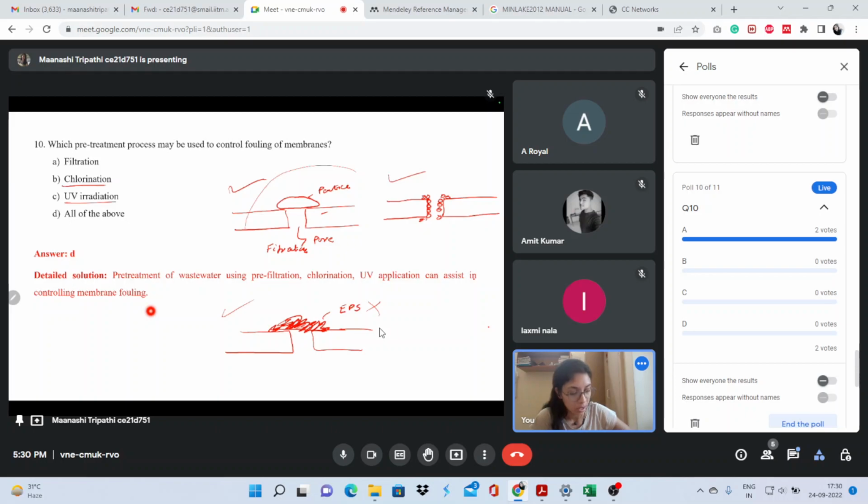And this fouling can be taken care of by small pore filtration, better quality of filtration, or we can say microfiltration. And this EPS can be taken care of by chlorination or any disinfection: UV, chlorine, ozone, hypochlorite, anything is fine.